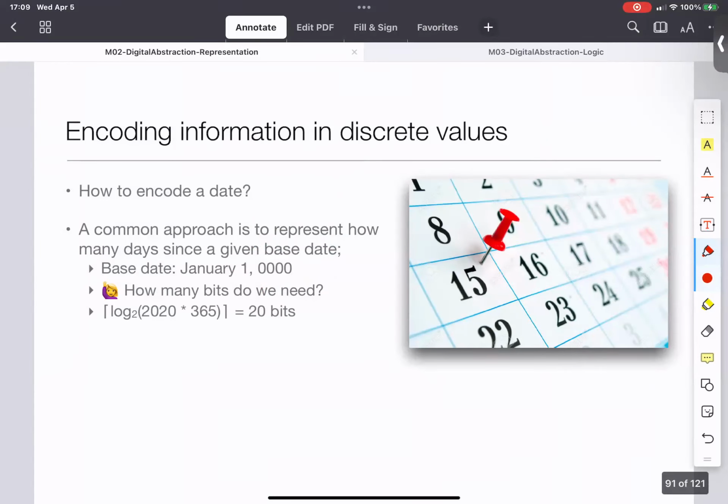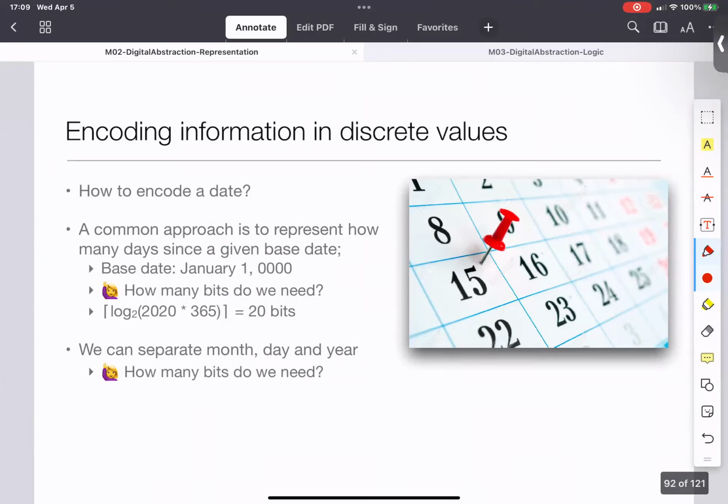So if it's year 2020, then 365.25 roughly, so 20 bits, maybe another bit or two to give us some longevity. So around 20 bits, 21 bits should suffice for us.